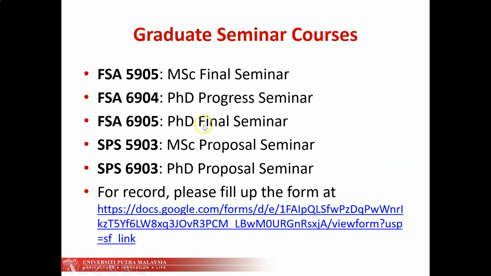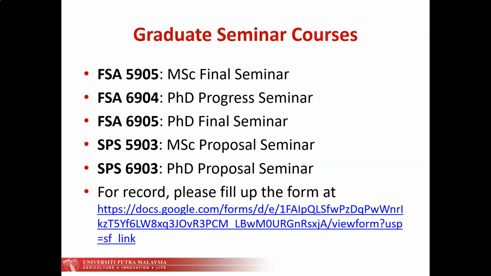If it's the proposal seminar, then it will be a proposal proper. If it's a progress seminar, it will be about the research progress you have made. And if it's a final seminar, then most of your results should already be with you, and you give us the significant results of your research.